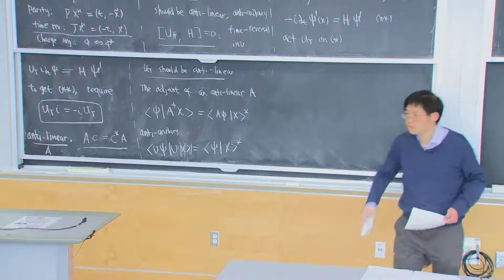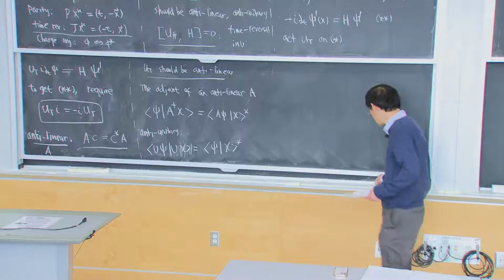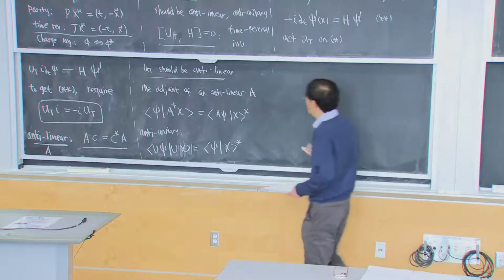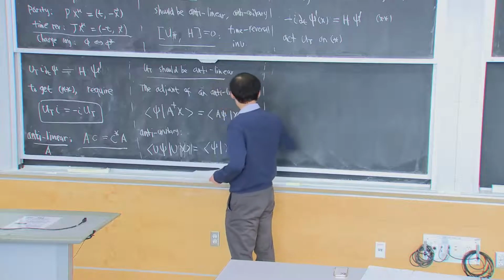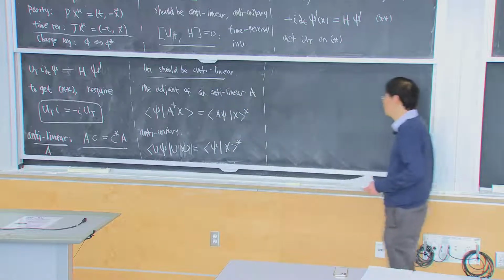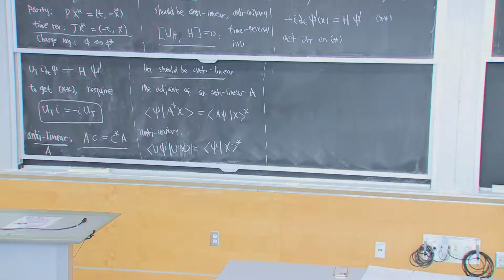The claim is that UT, the time reversal operator, should be an anti-unitary operator in order to be a symmetry. So this is just a brief review of time reversal in quantum mechanics.